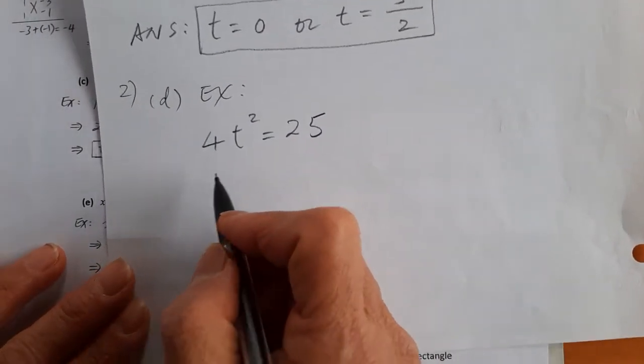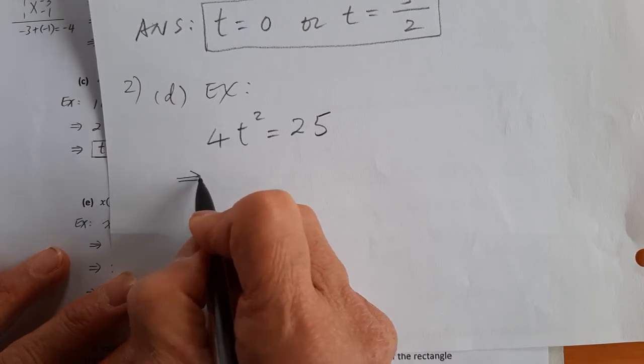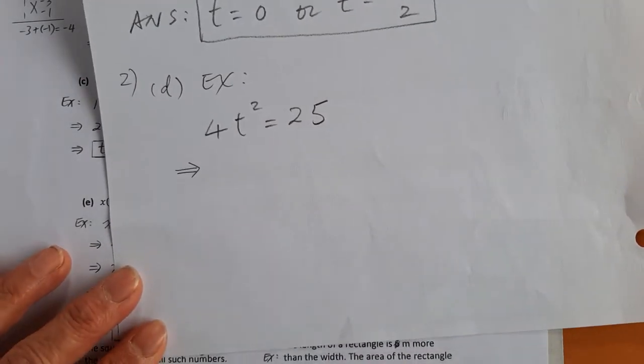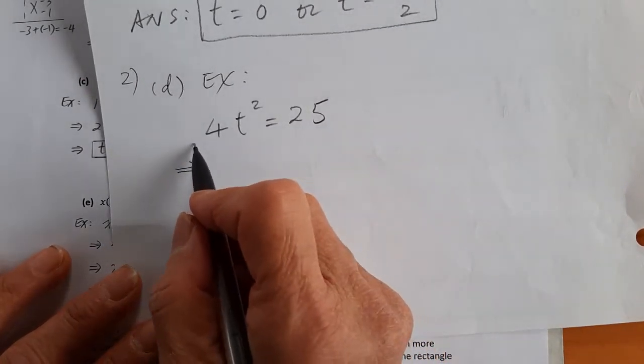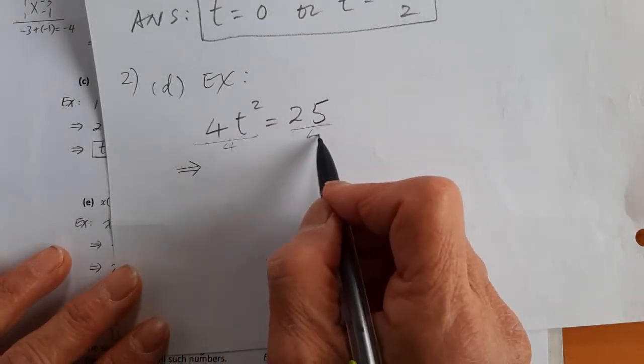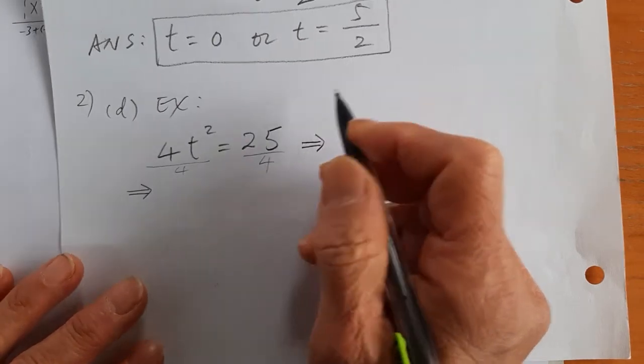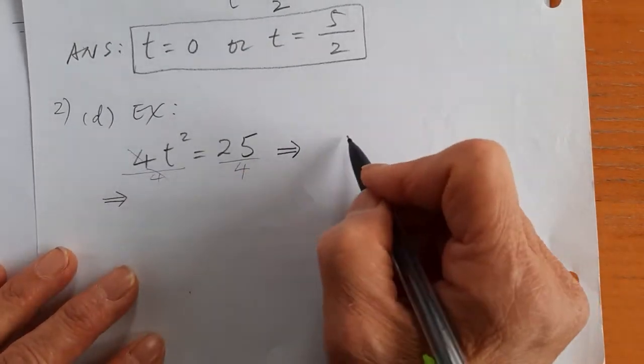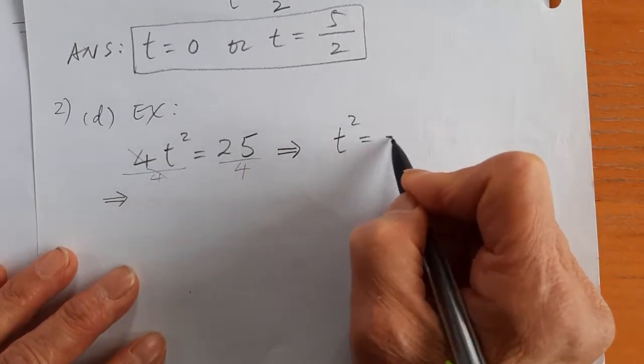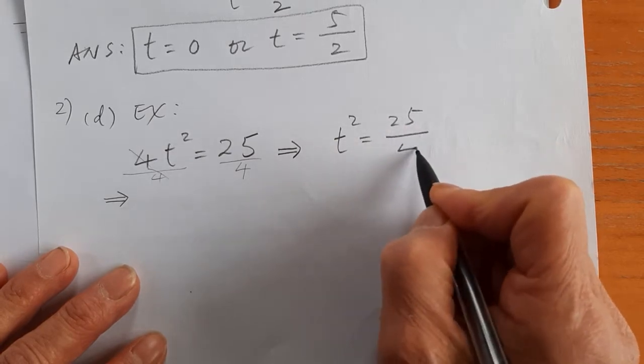So we can do it another way. Instead of factoring, we divide by 4. Divided by 4, the 4 cancels. So you get t squared equals 25 over 4.